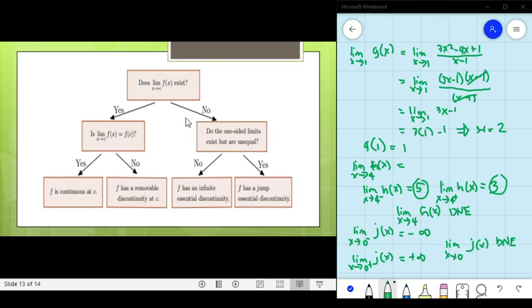So again, kung wala gani, ang imong buhaton is to ask if the one-sided limits exist but are unequal. And then if no, then f has infinite essential discontinuity. If yes, meaning it has a jump essential discontinuity. So I hope these three types of discontinuity naklaro unta ninyo sa atong discussion today.